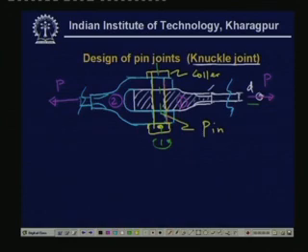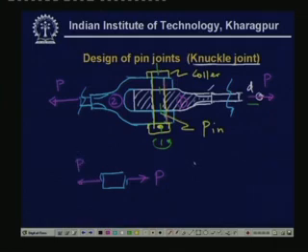Now if you want to apply the theory of failure, you will have to take a cut across these sections. If you take a cut there, then a force P is acting, so definitely a normal force P is there.